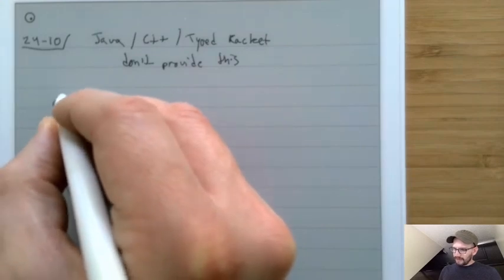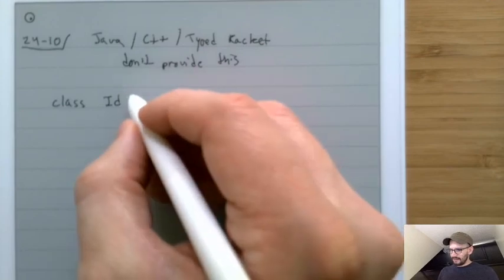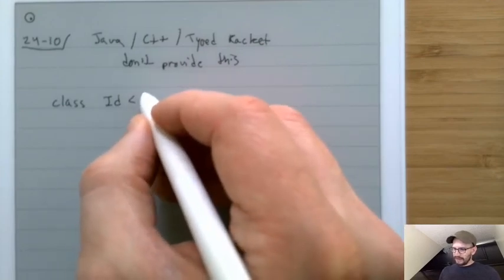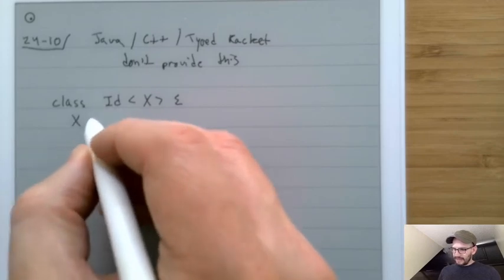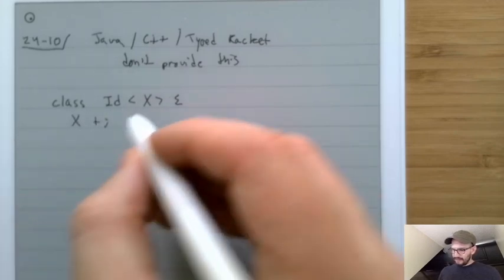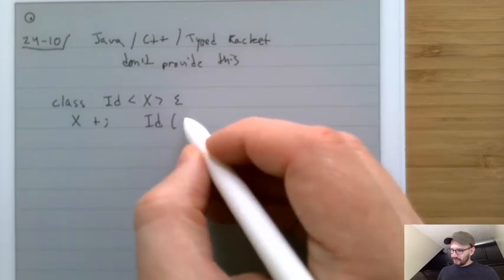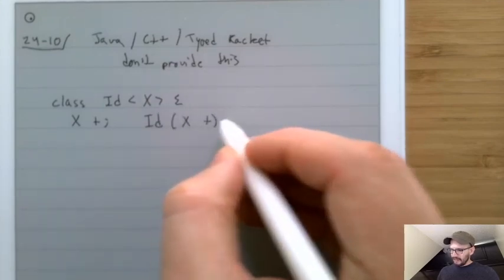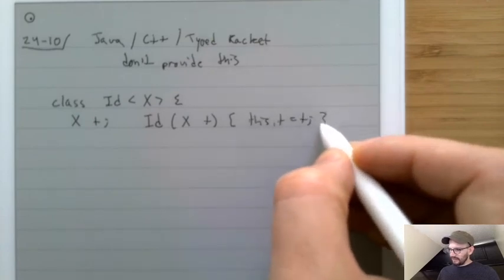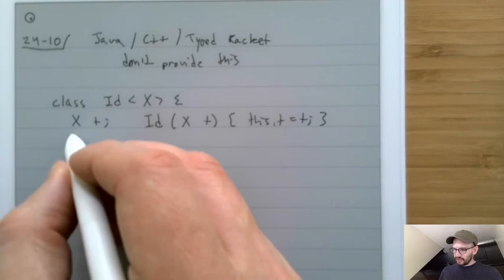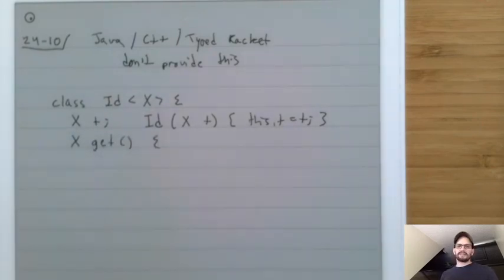I can have a class that's called ID that is parameterized over X, and it has an X field t, and the constructor takes in an X t, where I say this dot t equals t, and then let's imagine that there's a function called get that takes no arguments and returns X.